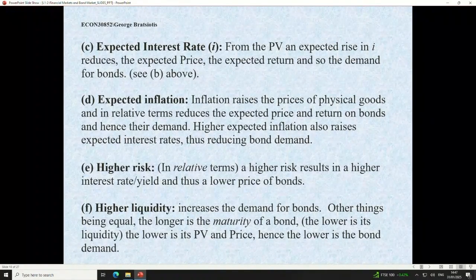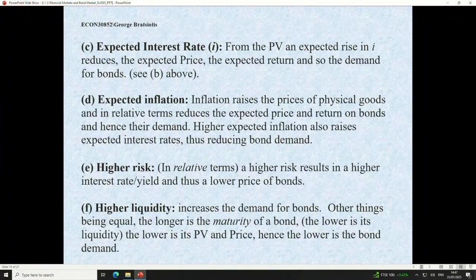And this is the idea here, that you've got to look at expected inflation, because expected inflation will mean that people will be buying goods, moving away from bonds. They will want to buy a house before the price goes up. They want to buy a car or a fridge before the price goes up, if they know the price is going up. But high expected inflation also raises the expected interest rates, correct?